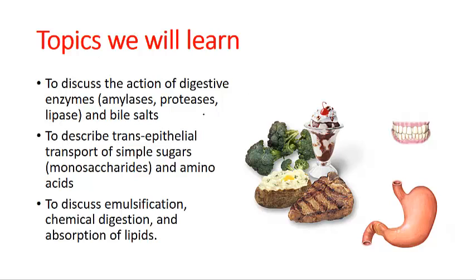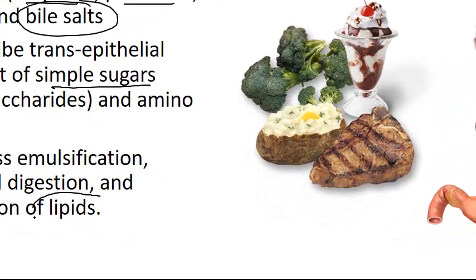In this lecture, we will be discussing the action of digestive enzymes involving amylase, proteases and lipases, along with the function of bile salts. We will also describe the transepithelial transport of simple sugars and amino acids. And thirdly, we will be discussing the emulsification and chemical digestion and absorption of lipids, which is slightly unique compared to the carbohydrate and protein digestion and absorption.